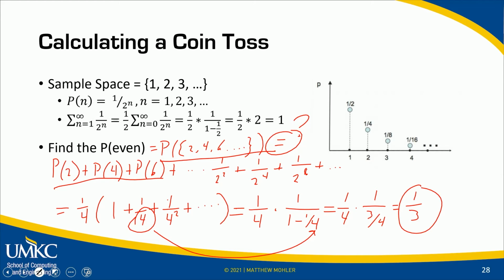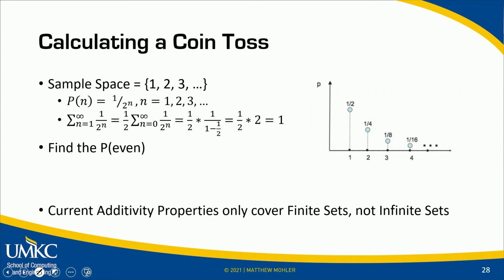So far, that additive property we've only established for finite sets, whereas this is infinite. So to put that a different way, we can say that current additivity properties only cover finite sets, not infinite sets. So let's go through and figure out a way to establish that.